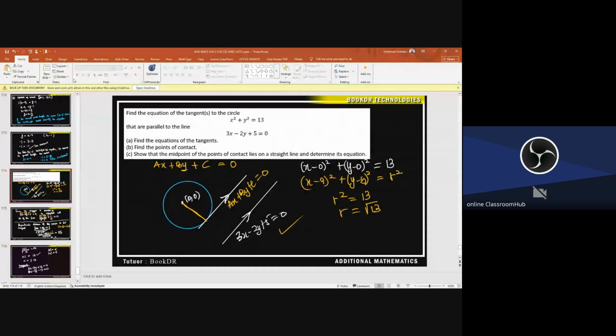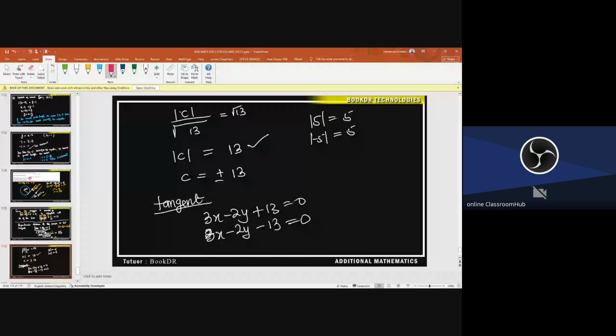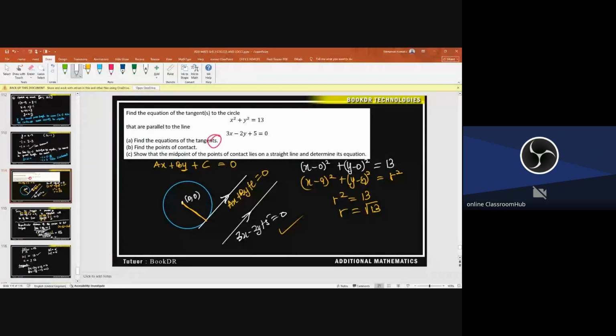And no wonder the question was emphasizing that we should find the tangents with an s, because there are two possible tangents. So when you come to the diagram, it means that there can be another tangent over here, which is also parallel to this line. So these are the two tangents the question is talking about. So there's one here, there's one there, all of them parallel to this line over here.